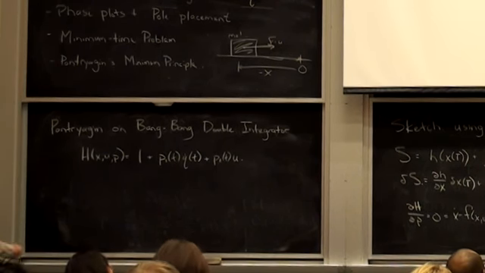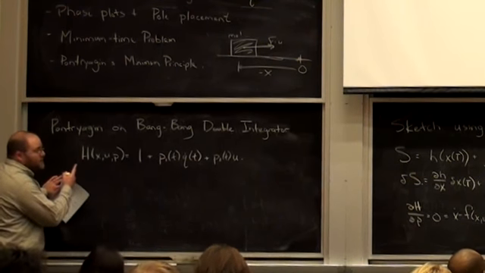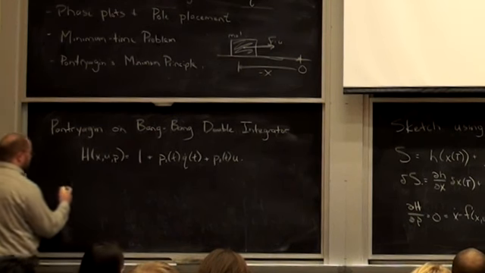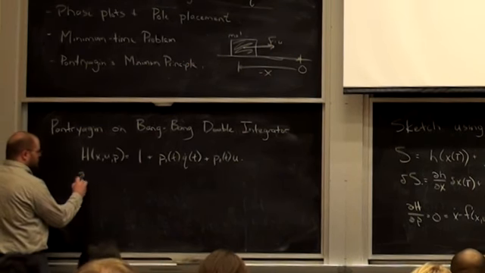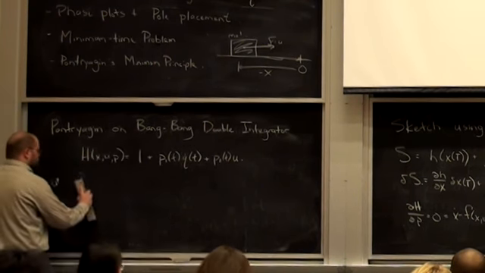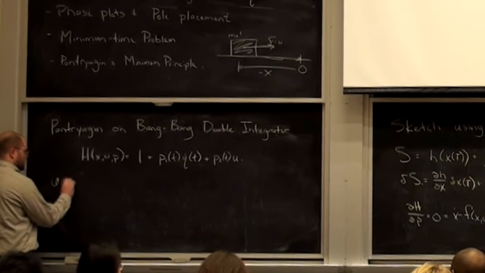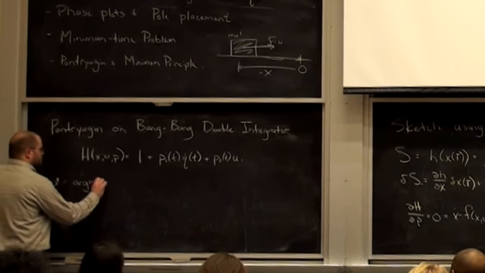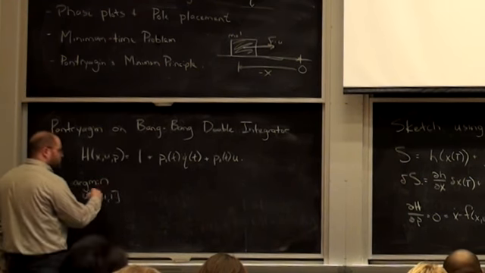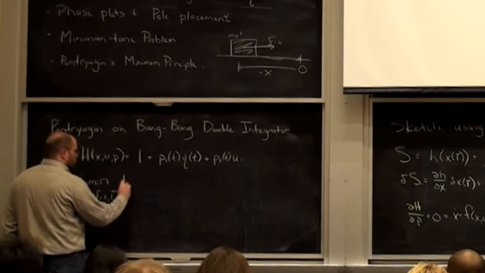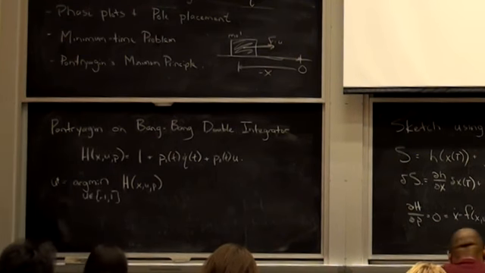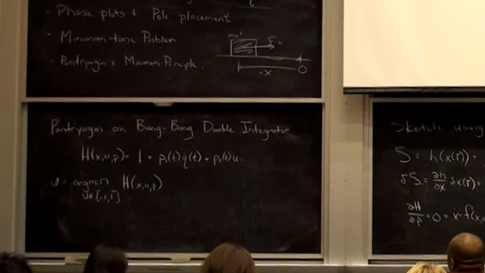If we had derived our bang-bang controller just like this, then we could immediately say what the optimal control solution is. u star is the argmin over u in [-1, 1] of H of x, u, p. What's it going to be? Just look at what I've got on the board.